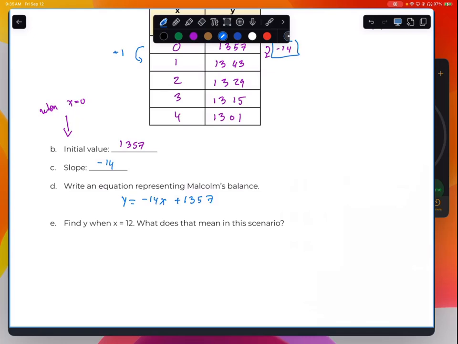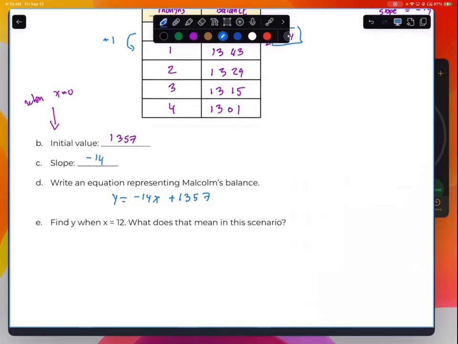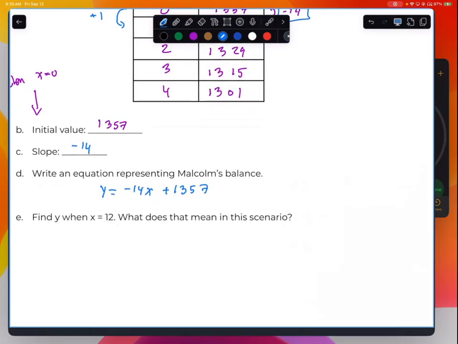Find when x is 12, what does this mean? What do I do? What am I going to do if I want to find out how much is in a checking account when x is 12? Not add 12. Not multiply by 12.